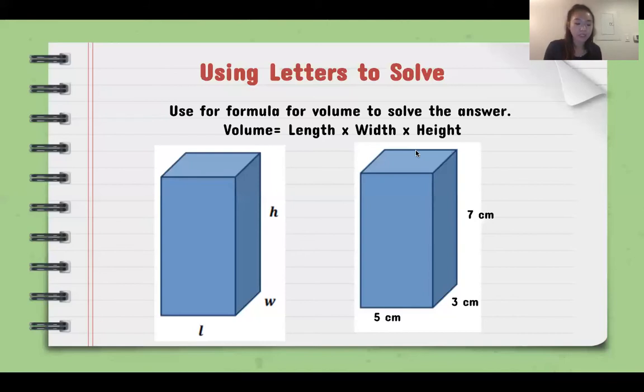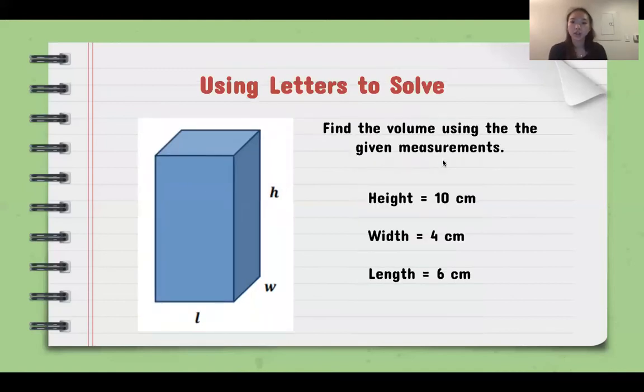So 15 times 7 is going to give me 105, and then I have my centimeters squared times centimeters, which gives me centimeters cubed. Just like that. So that's how we connect our letters to our numbers, and then how we use those numbers to find the answer for the question. And in this instance, it was the answer for volume.